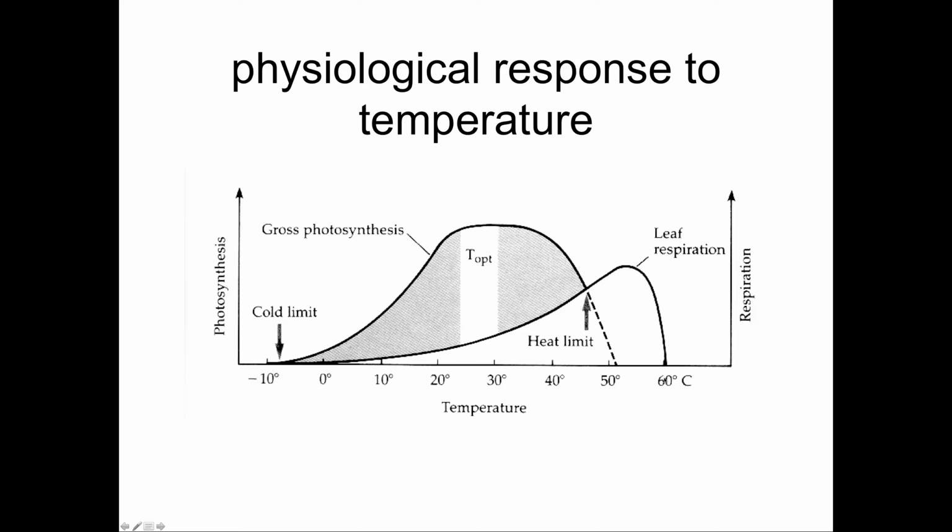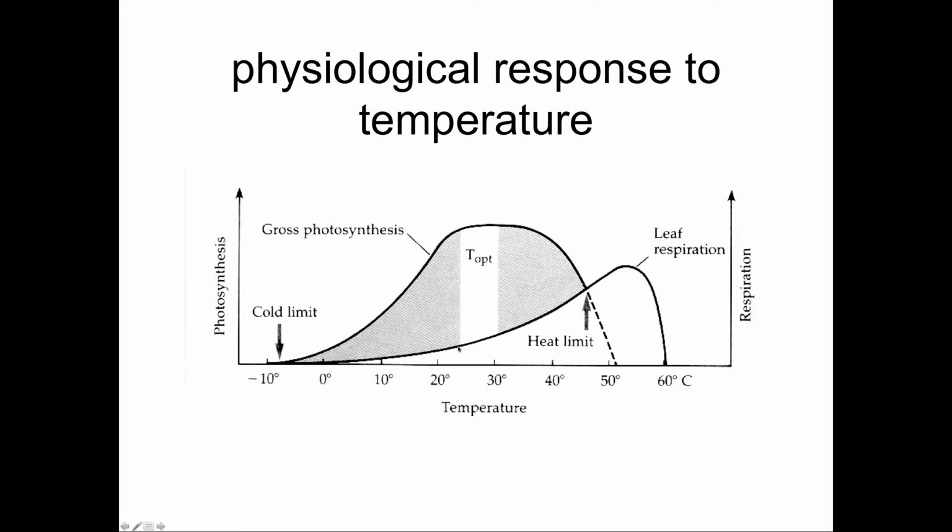Net photosynthesis, the carbon that the plant keeps and is for use in other aspects of their physiology and biology, the carbon that they can use for growth, is the difference between these two, this gray area in between. And you can see that at low temperatures you have low photosynthesis, you also have low respiration, but the difference is quite small. So at low temperatures, carbon gained and able to use for other function is quite small.